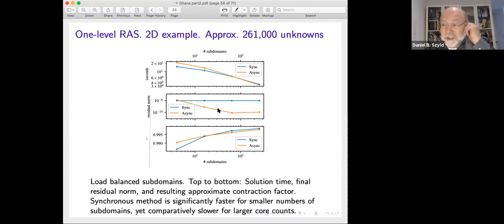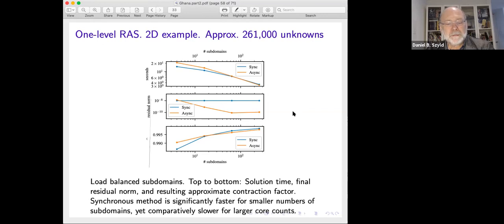So the way it works is you ask, for example, did my local problem converge? Yes, okay. So I tell everyone else, but in the meantime, things may change because that doesn't mean everyone converged. So as it happened, by the time everyone says, okay, let's stop, we did more work than necessary. The residual norm is 10 to the minus 8 instead of 10 to the minus 10. So of course the timing is the same, but we got a better solution.